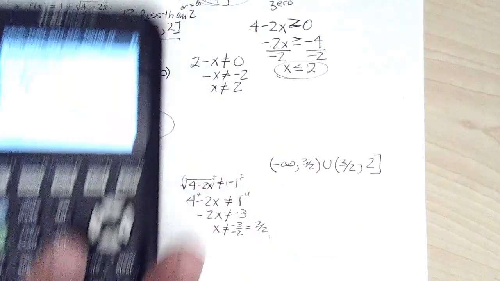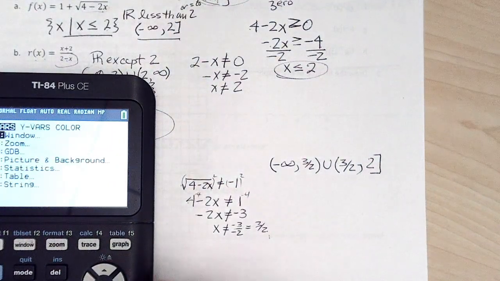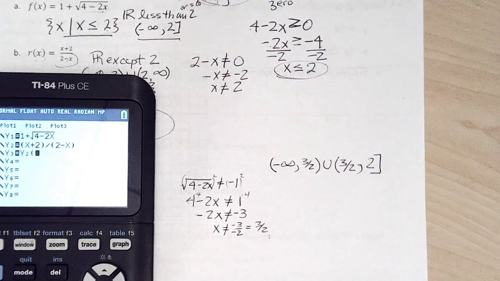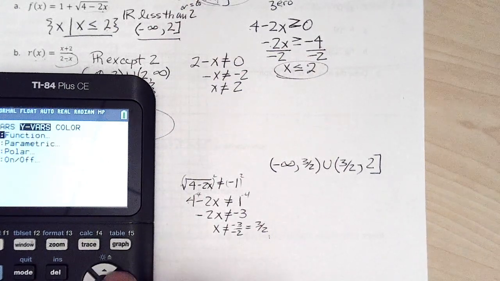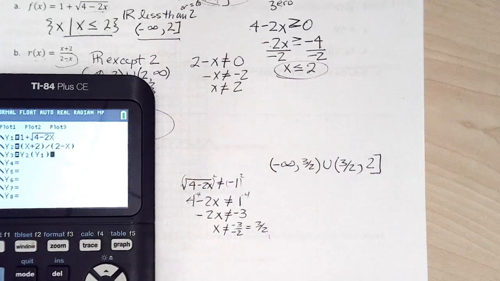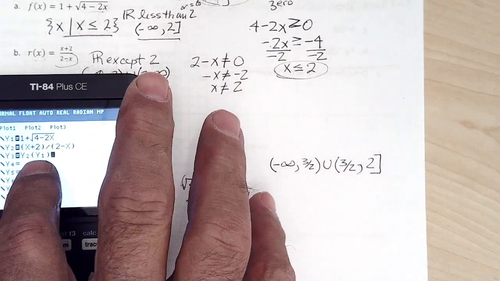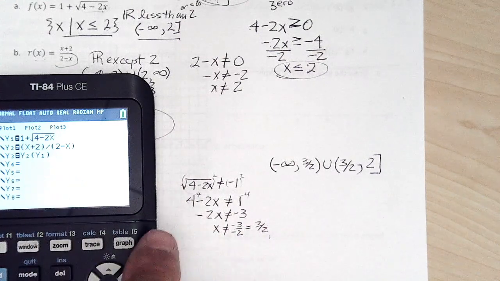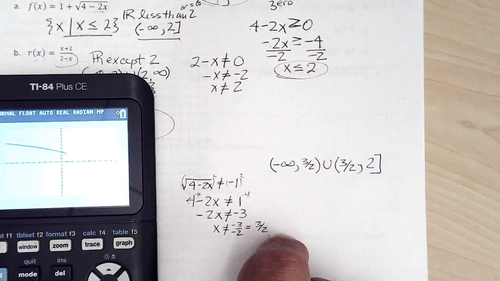I'm going into vars. Vars, y variables, I'm going to r, which was y2, of y1. Vars, y1. Close parenthesis. y2 of y1. And you could put of x, but this is good enough. And I should be able to graph this.